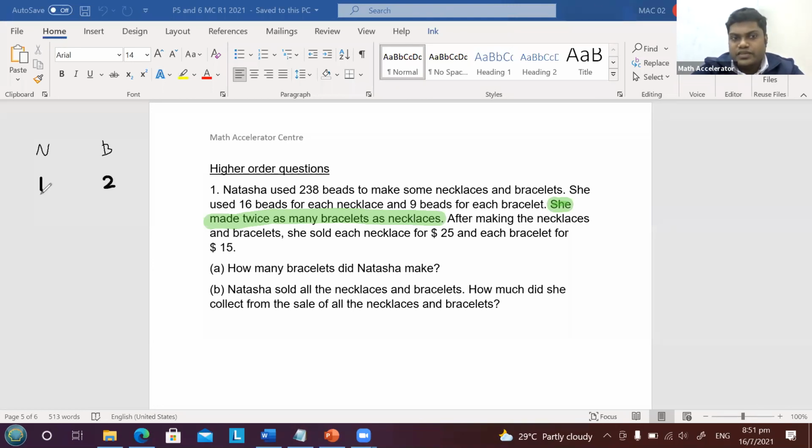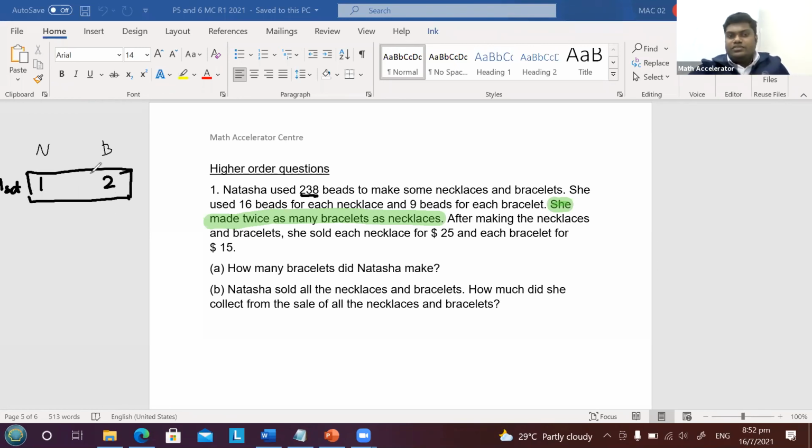So think about it: 2, 1, right? The next set will possibly be 4, 2, and the next one will be 6, 3, and so on and so forth, up till she has 238 beads. So the whole point of this question is to create that one set, and this one set will have the minimum number of bracelets and necklaces.